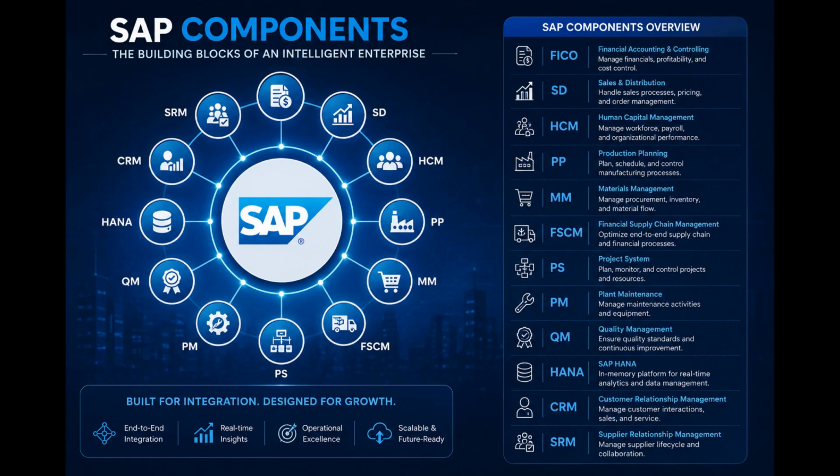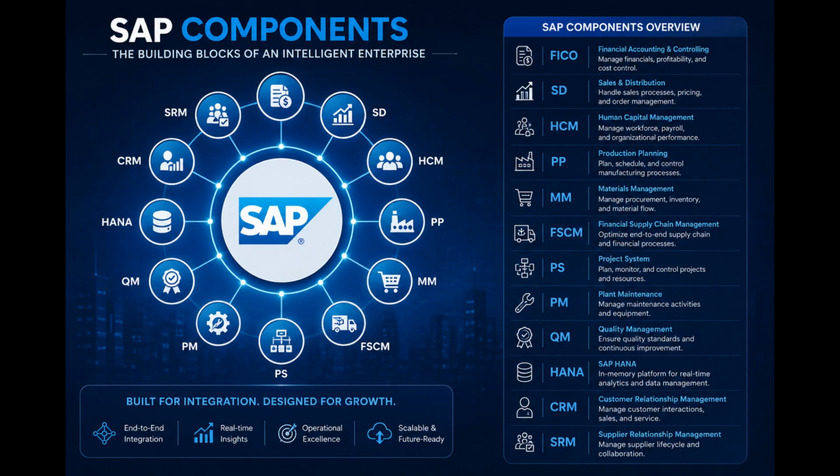Now let us know about a very important topic in SAP, which is SAP components. These are the SAP functional modules. There are two kinds of modules in SAP: functional modules and technical modules.